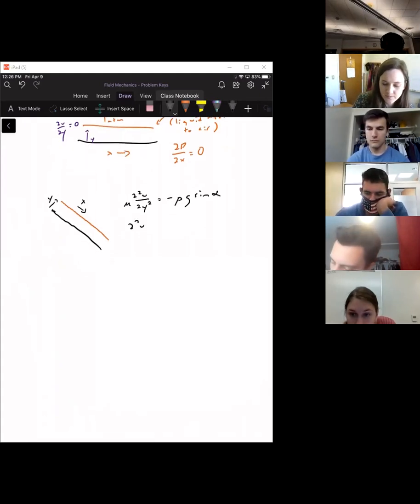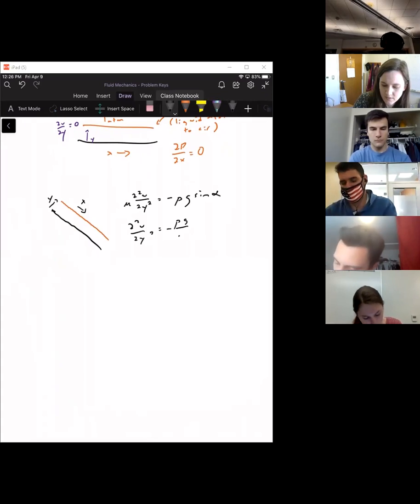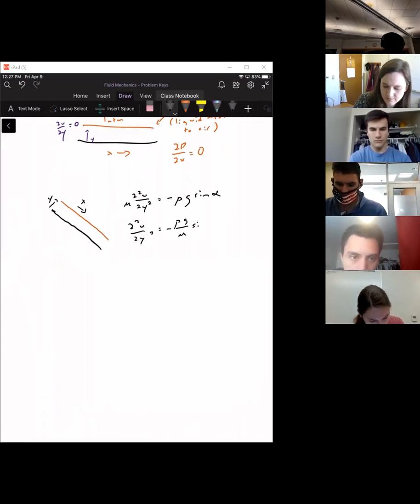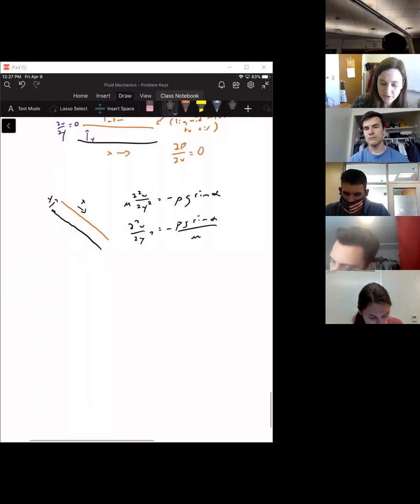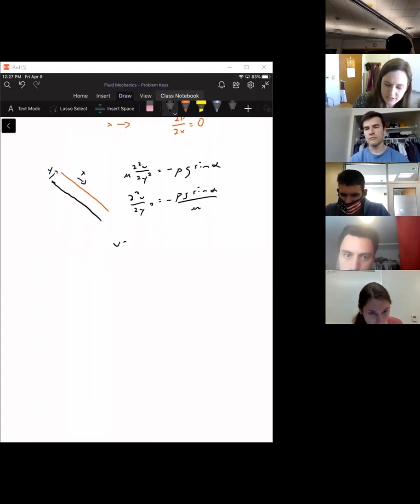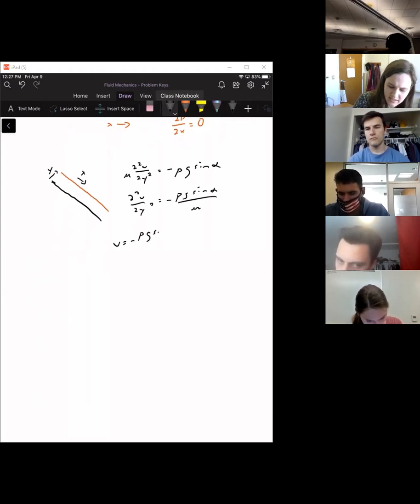So then d squared u dy squared is equal to negative rho g sine alpha over mu, and you integrate twice and you get u is equal to negative rho g sine alpha over mu, something like this, y squared plus C1 y plus C2.